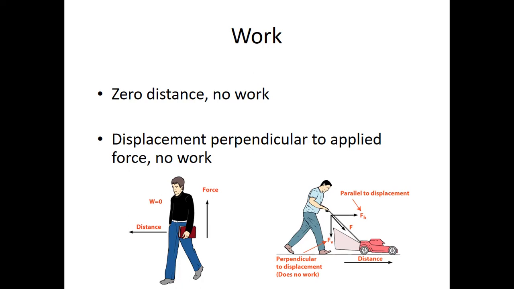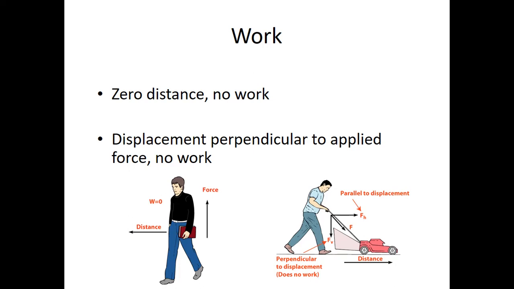You can see the man in the black shirt carrying his books. The force that he applies to the books is upward. He is moving horizontally. He is doing no work on the book. The book has to move in the same direction as the force for work to be done. Like if you're doing a curl in the gym. So you got your 40-pound dumbbell and you're just walking around the gym talking to people.